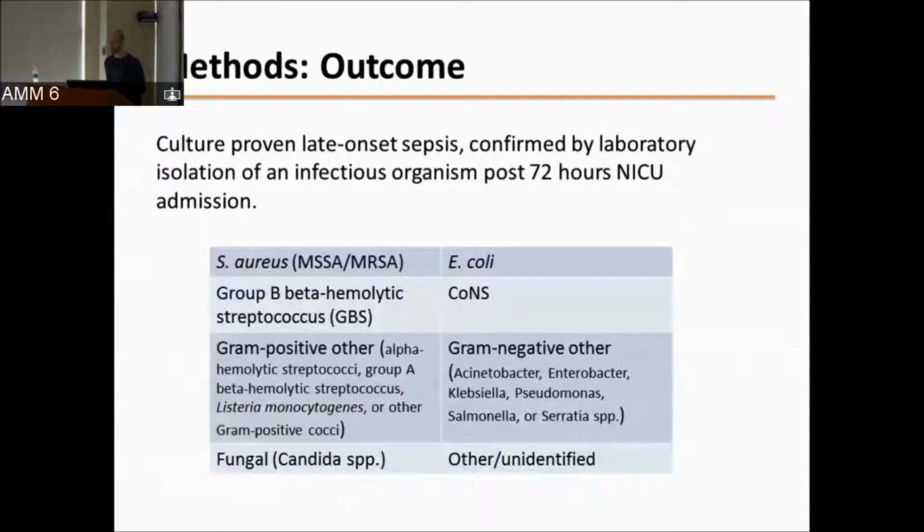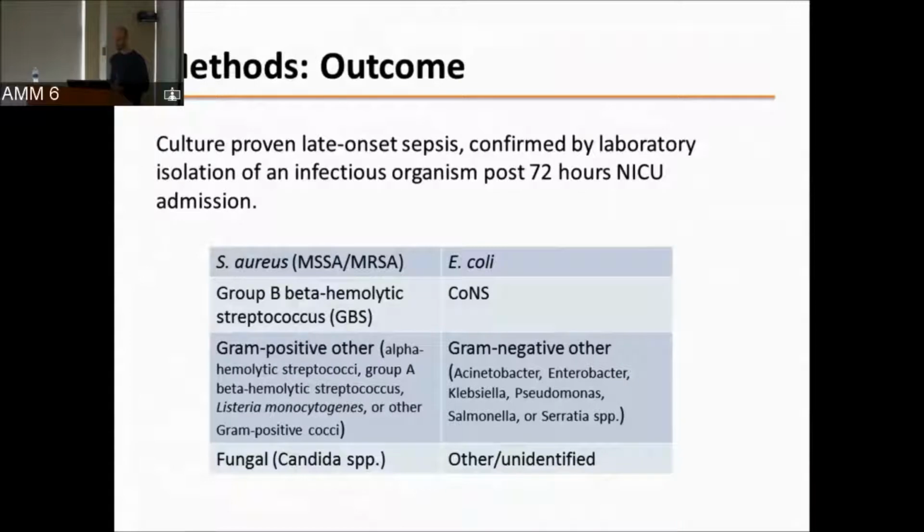The outcome, as I mentioned, is lab confirmed isolation of an organism for late onset sepsis. We broke these into 8 categories, and we did this just based on the proportion that we would expect of these organisms based on other literature out there.